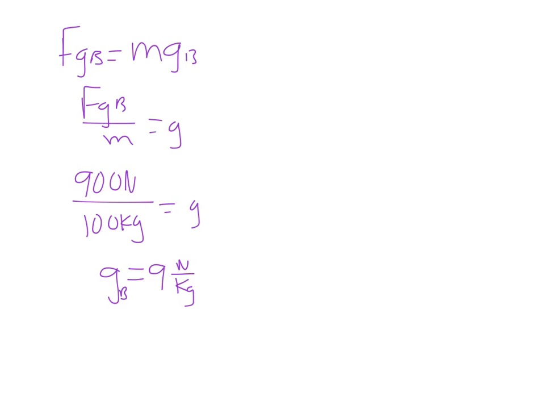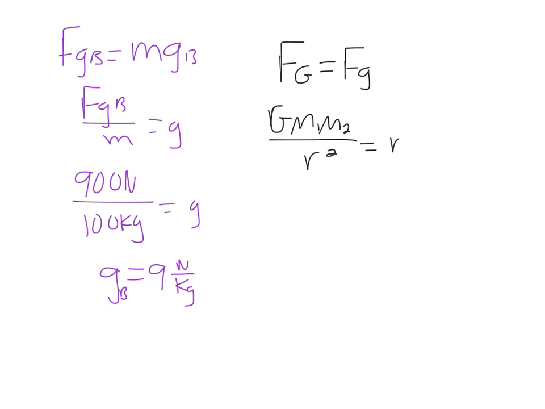As the person is on the top of the mountain, we can say that their force of gravitational attraction is equal to their weight. So this means that G m1 m2 over r squared equals mg. Since this is the mass of the person in the mg, I'm just going to make that m1.